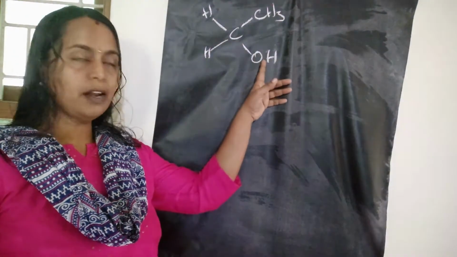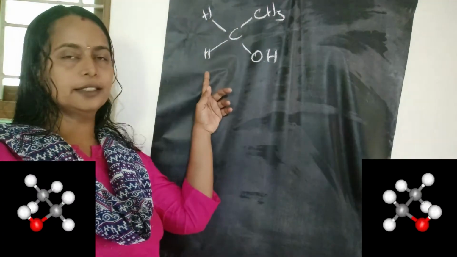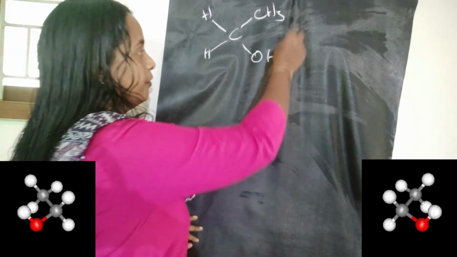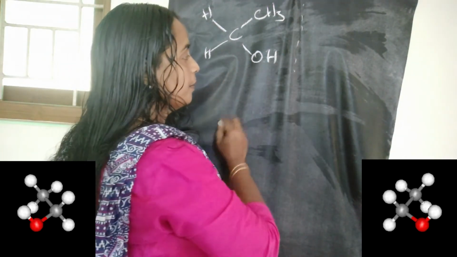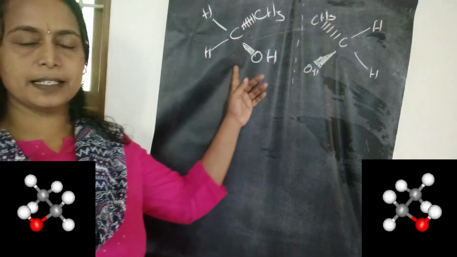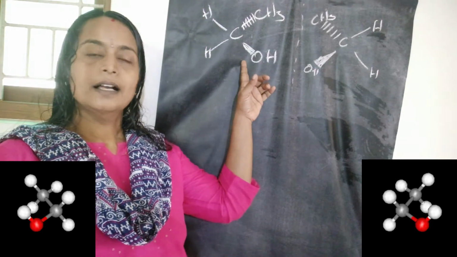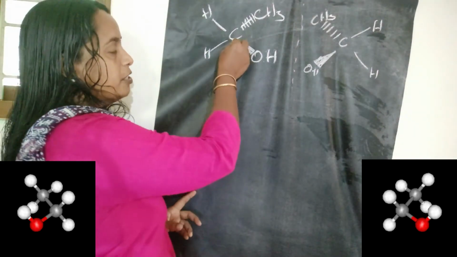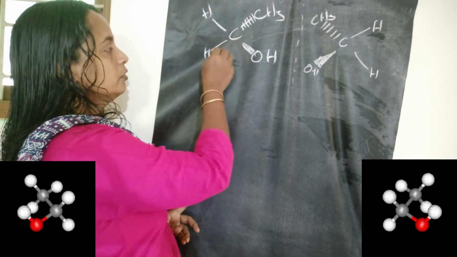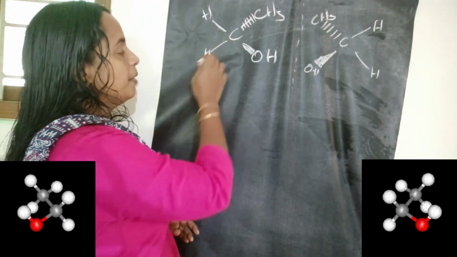In ethanol there are two identical hydrogens, and we consider the mirror image of this compound; this is the wedge-dash formula for representing ethanol. Here this carbon is not an asymmetric carbon because two bonds are bonded to the same hydrogen atoms.